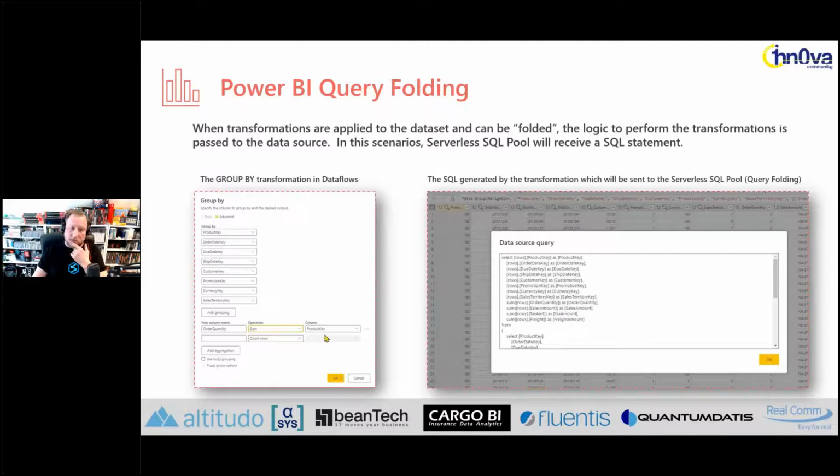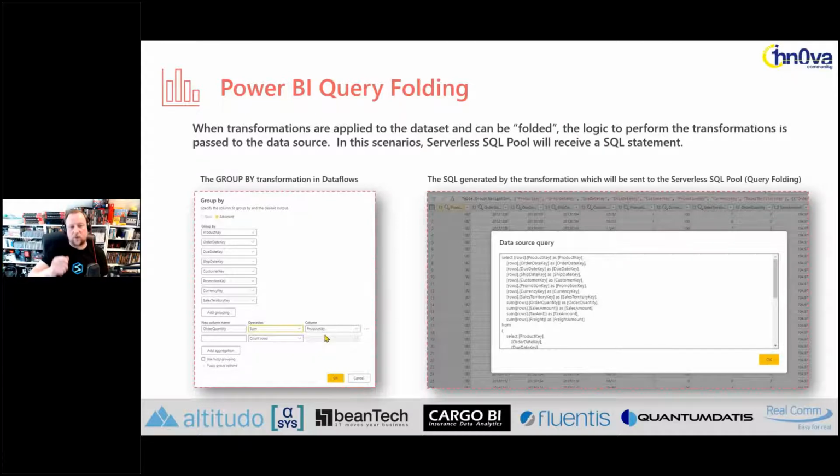So, for example, if we have a data flow and we're using a group by, which is a transformation in a data flow, to aggregate the data from our data source. Now, if we're using data from a data lake, this is certainly the most common usage that I use this for, is to take that volume of data in that data lake and shrink it as it's coming into Power BI.